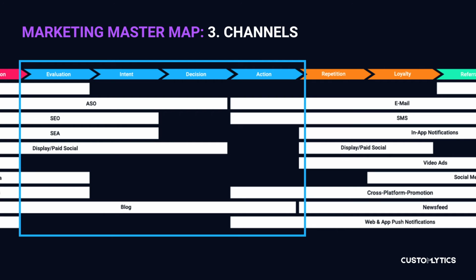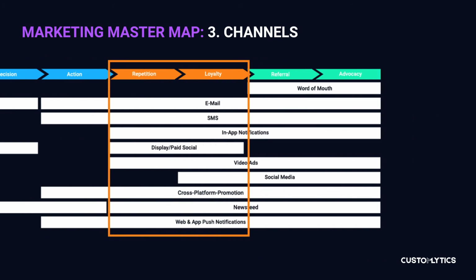Once you have completed this conversion generation part and a user has done this first transaction, we are now in the part of relationship management again. And here it gets a bit easier, I would say, in terms of marketing channels to use, because now you already have much more data about the user, because they are already in your customer base, meaning you can contact them through a vast majority of different channels, from the usual email to all the app-related channels like push notifications, in-app messages.